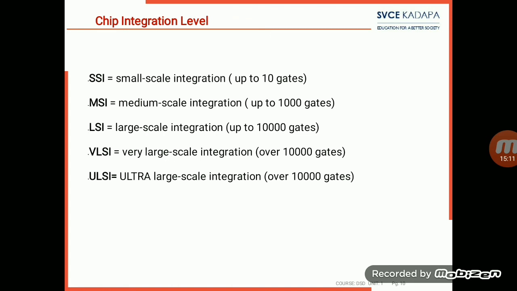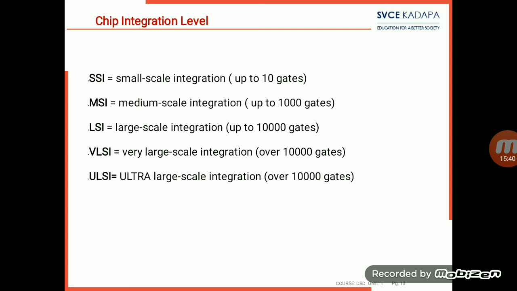It is divided into 5 different types. Up to 10 gates, or 10 to 100 gates, you can call small scale integration. 10 to 1000 gates we can call medium scale integration. Medium scale integration means we have a small chip in which up to 1000 gates are integrated within a single wafer. Large scale integration means up to 10,000 gates are integrated within a single chip.